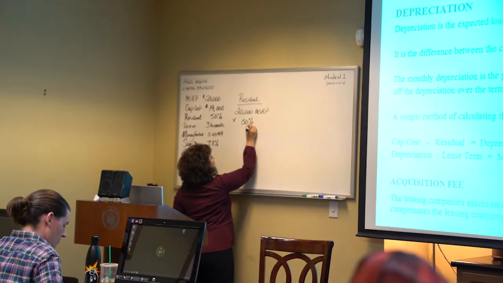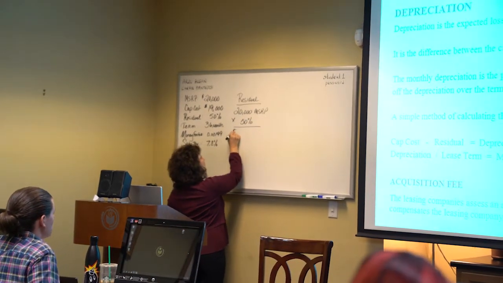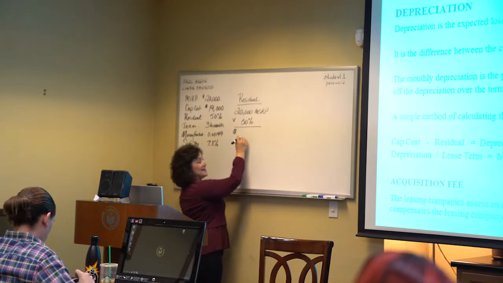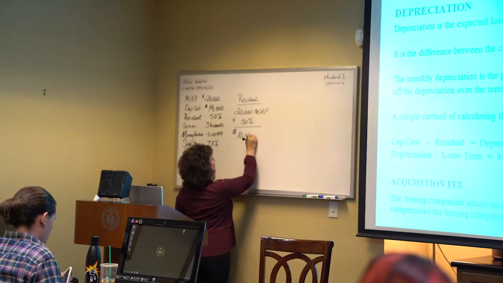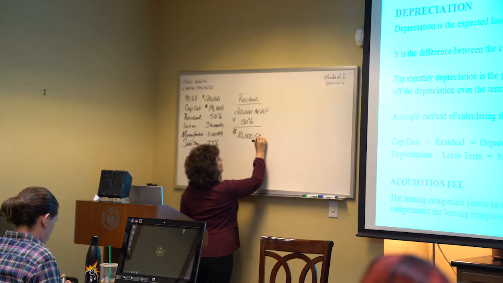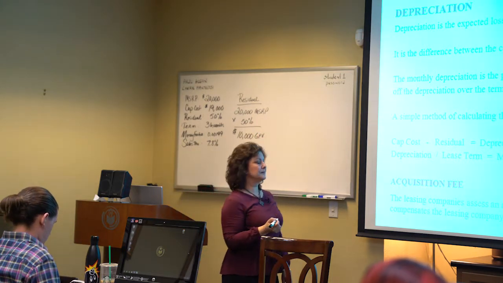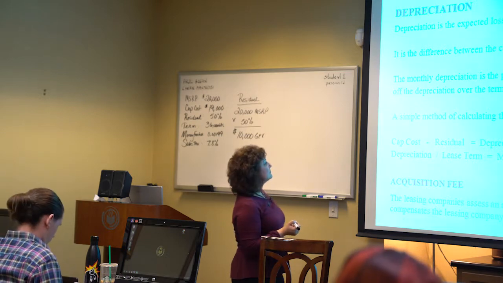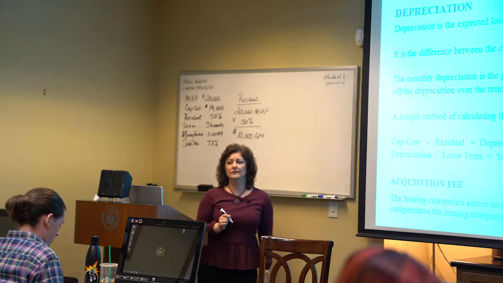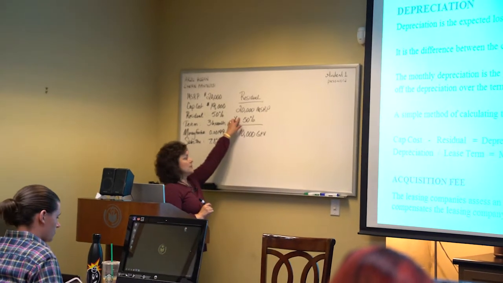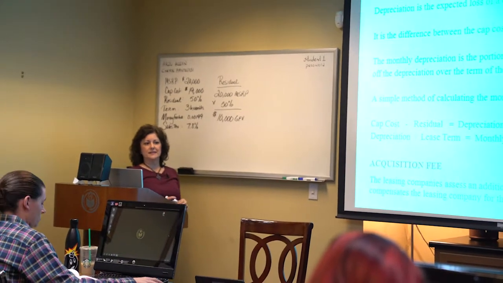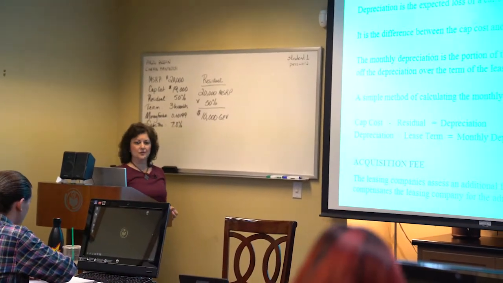So 50%, and we will get $10,000. And I'm just going to put here GFV, guaranteed future value. MSRP times 50% gives me $10,000 guaranteed future value.